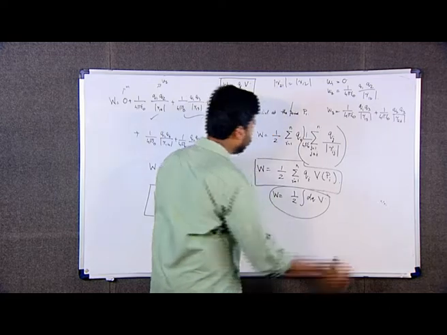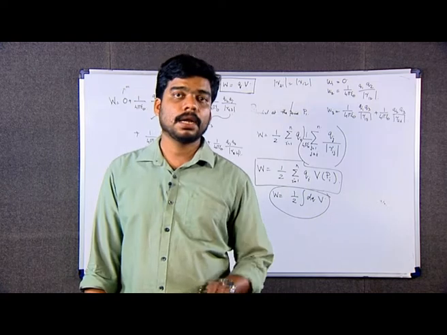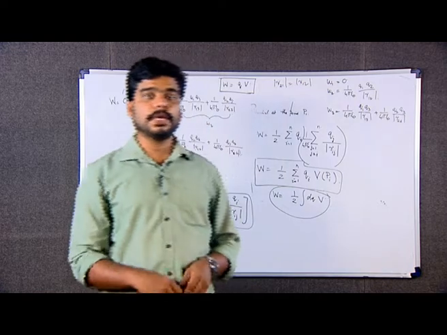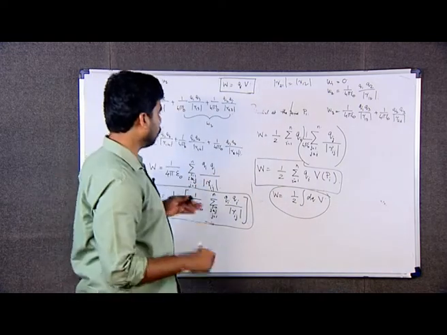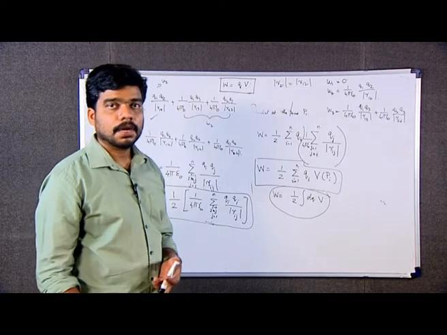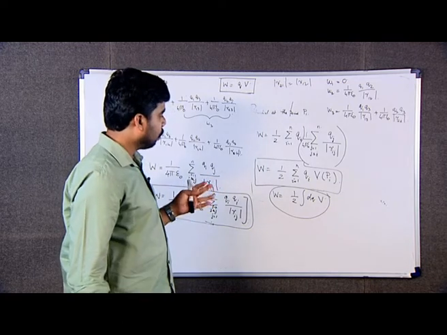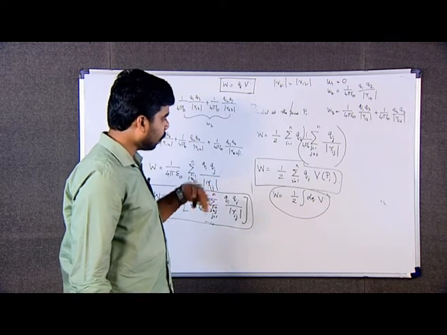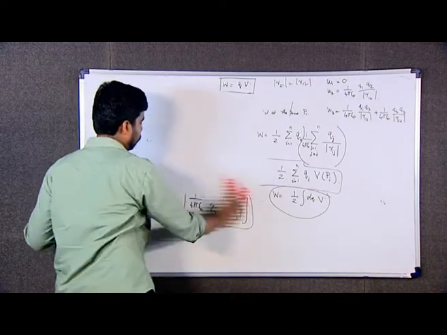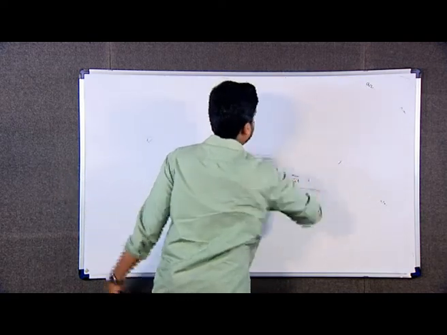If it is a continuous charge distribution, I can write W as half into integral dq into V. Now, we will write the work done for a volume charge distribution, for a surface charge distribution, and similarly for a line charge distribution.